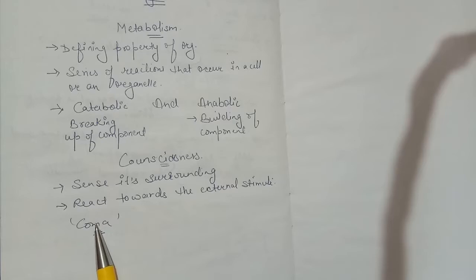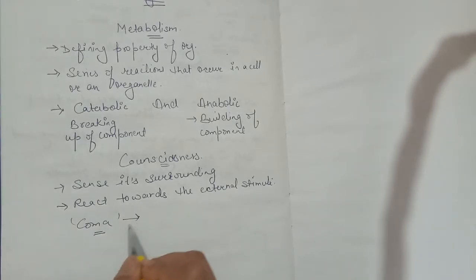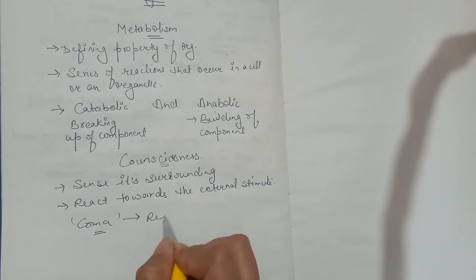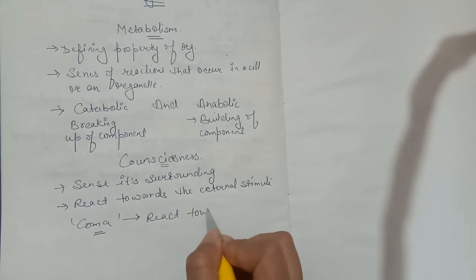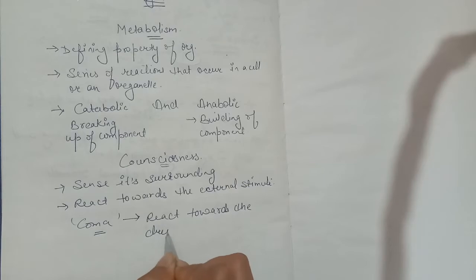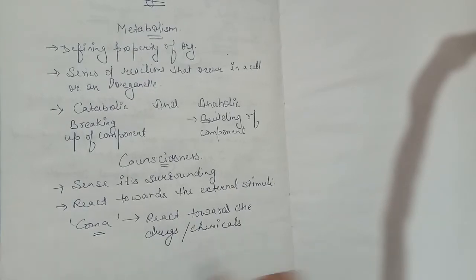The answer to this is that the person who is in coma or who is brain dead has the ability to react towards the drugs or the chemicals which are given by the doctors.